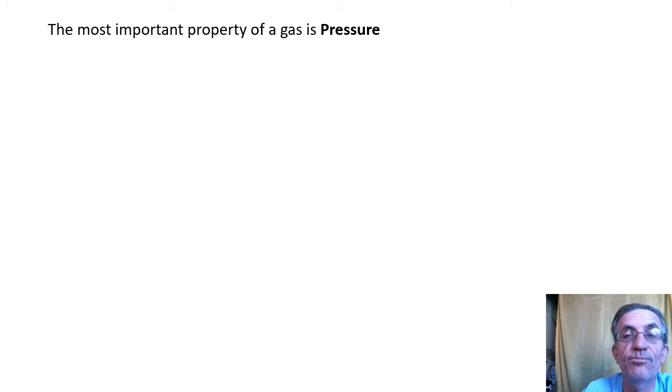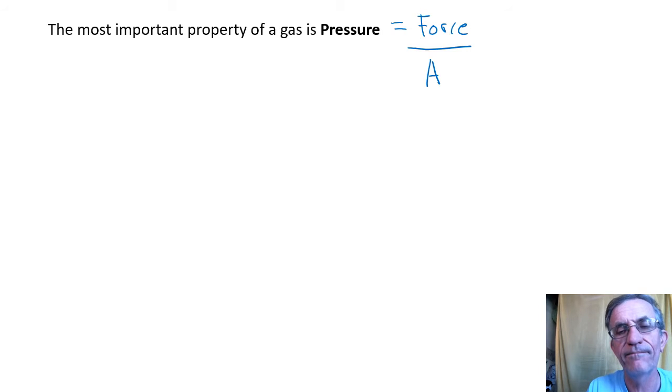So what is pressure? It's another property of a gas, and to be more specific, it is force divided by area. That's what pressure is. Force is basically weight, so it's weight divided by area.